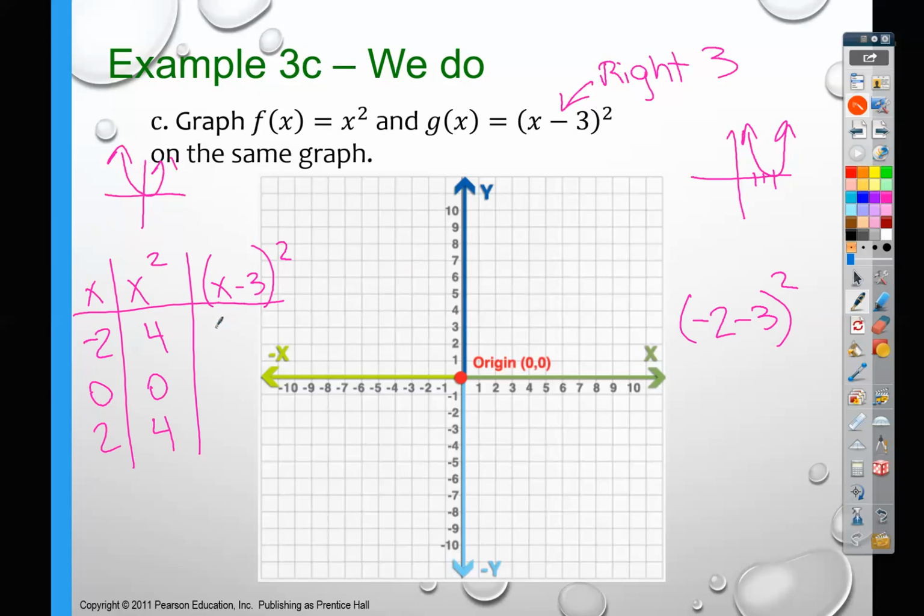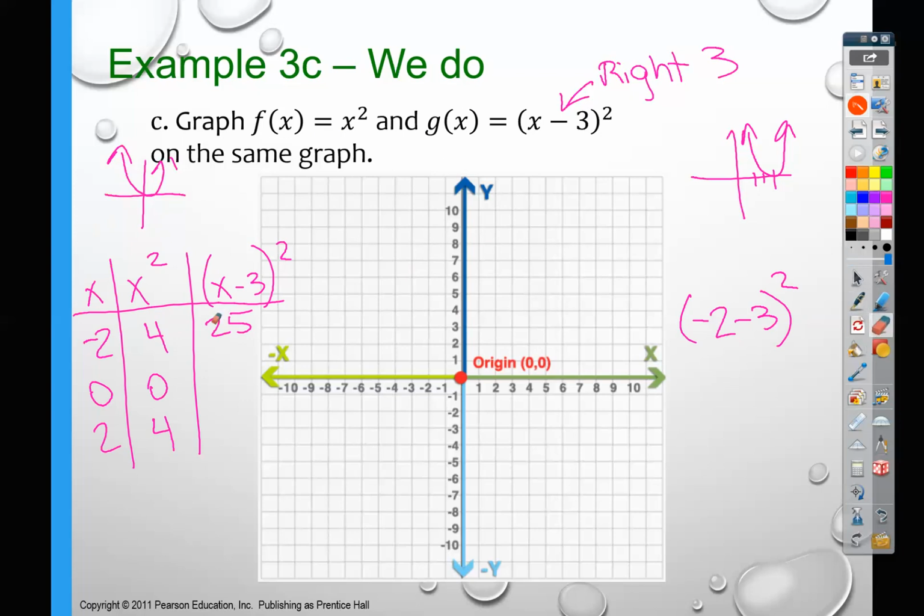That would be 25. Well, you know what? I don't like that because we know that it's going to the right 3. That's why these numbers are kind of crazy.